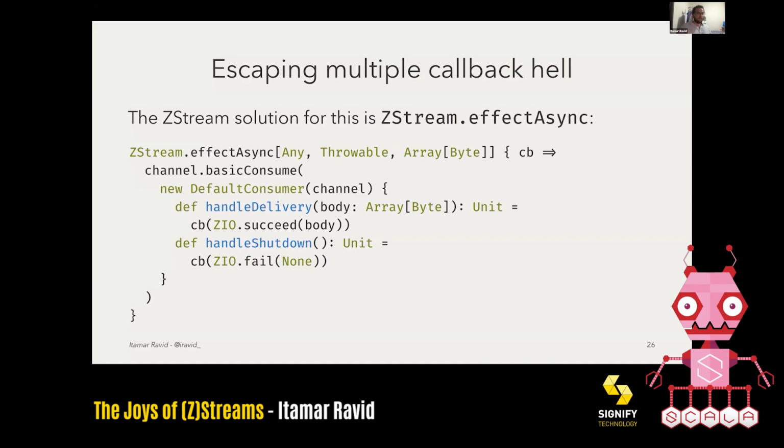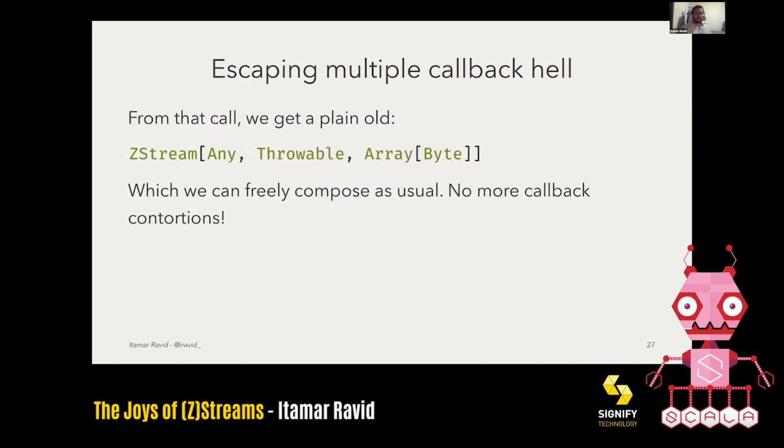So what we'll get from the call to effectAsync is a plain old ZStream of byte arrays, which we can freely compose as usual, and we don't have to deal with any weird callbacks inside our application. Just a plain byte array. That's great.